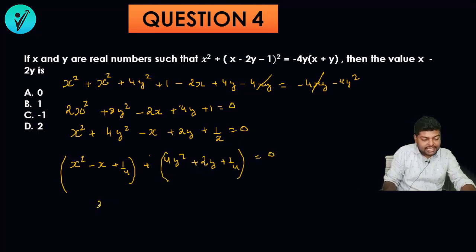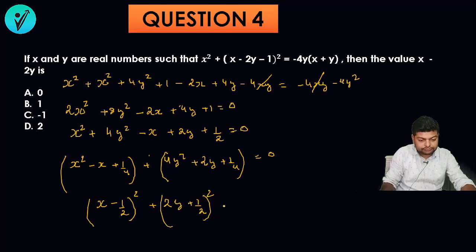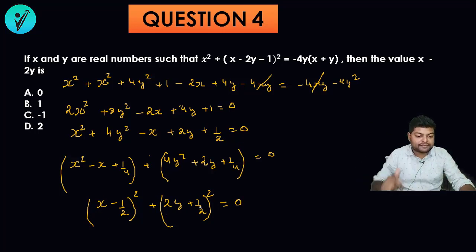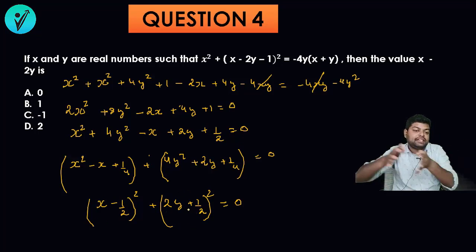So this is x minus half whole square, and this is 2y plus half whole square. Now this is a square term and this is a square term. When I'm adding the two square terms, the answer I'm getting is 0. Now how could this be possible? This will only be possible if this is also 0 and this is also 0.